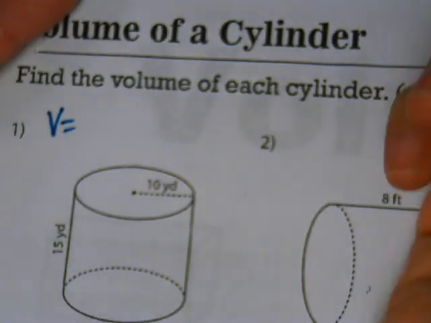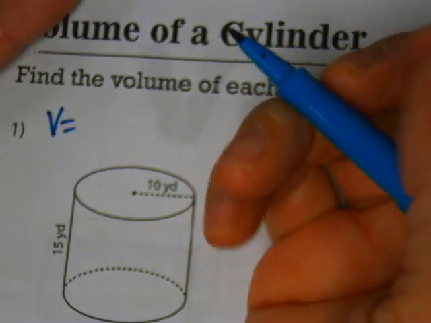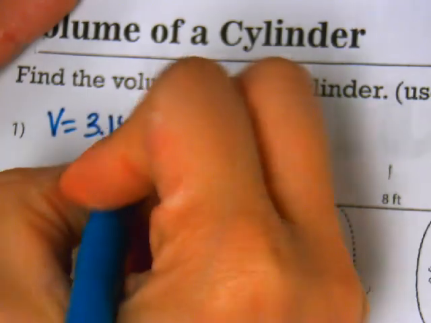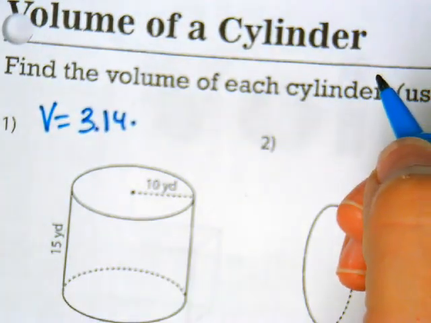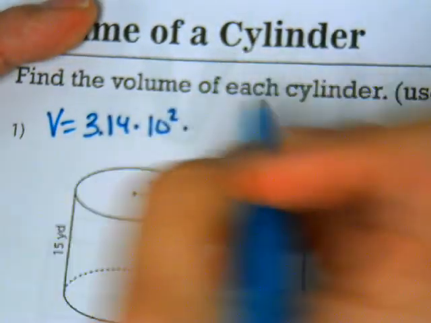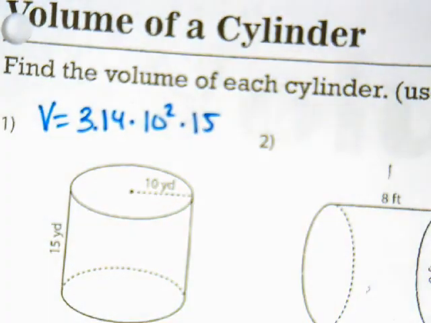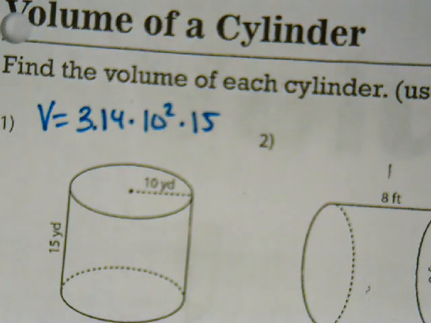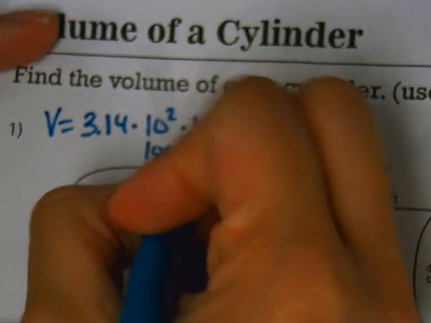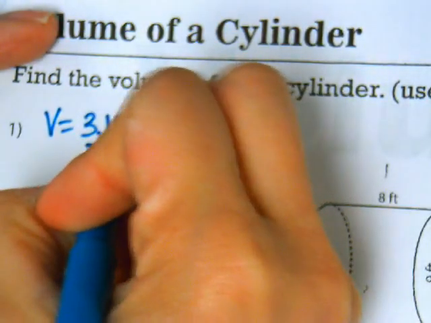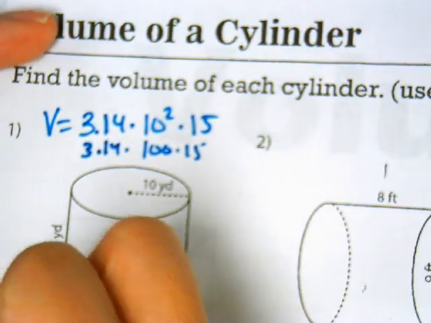So number 1, volume equals pi r squared times your height. Pi is 3.14 times, what's my radius? 10 squared times 15. So you're going to tell me, hey, this is all the stuff I have to multiply.